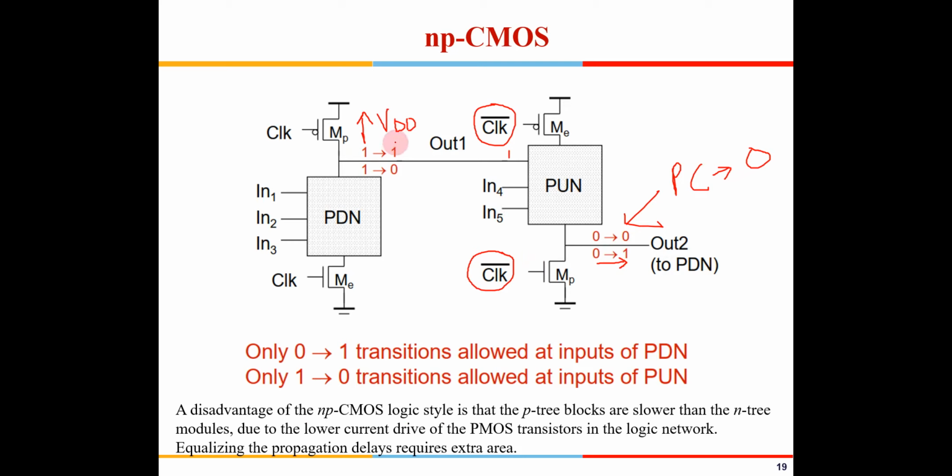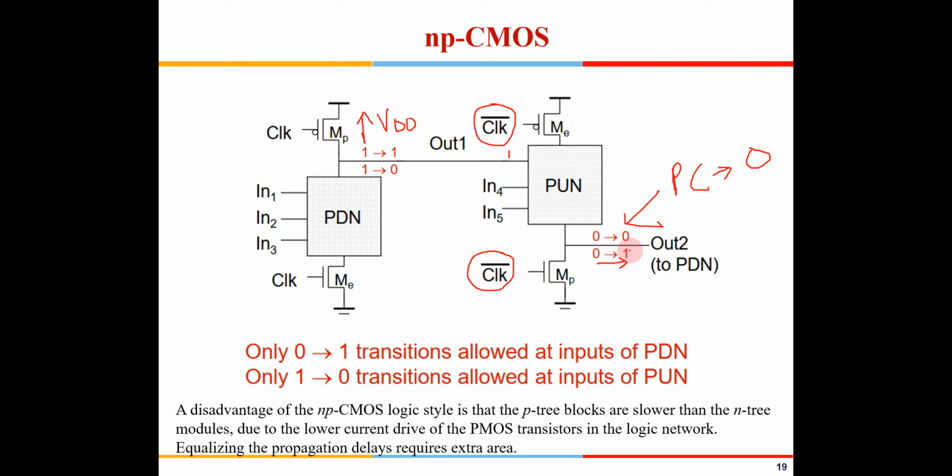Because this node is pre-charged to 1, but here I am using a pull up network, and for a pull up network, if it is 1, this remains switched off. So this will continue to remain 0, and as and when this output goes to 0 with certain propagation delay, doesn't matter, this will also go from 0 to 1, because when it goes to 0, this will be switched on and this node will get charged to 1.